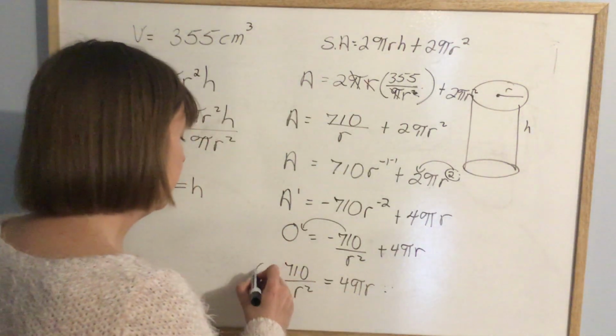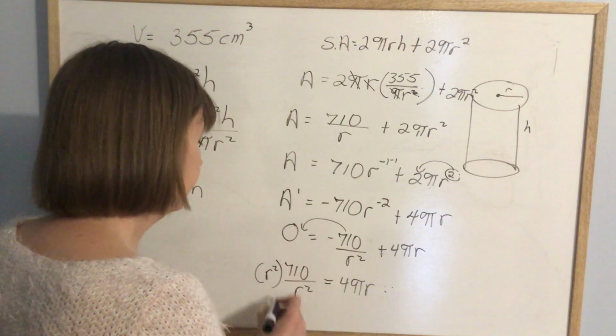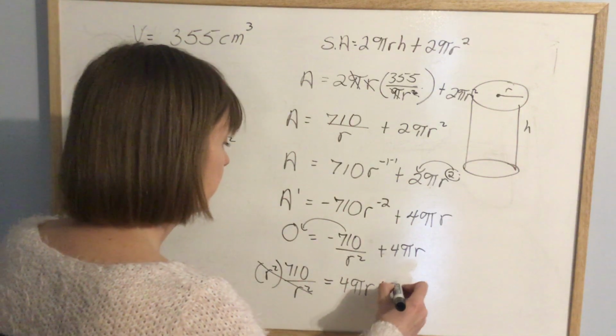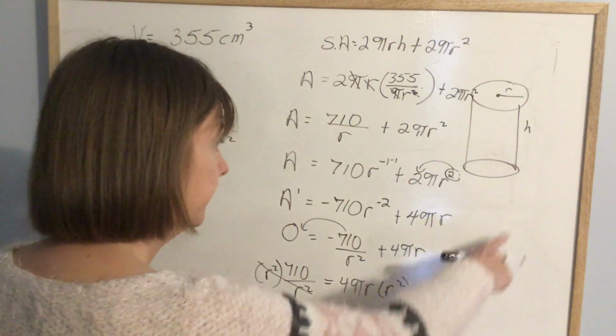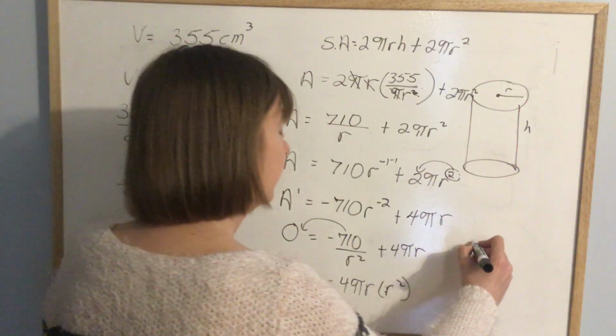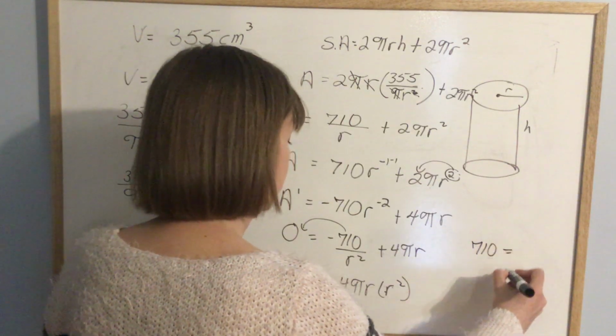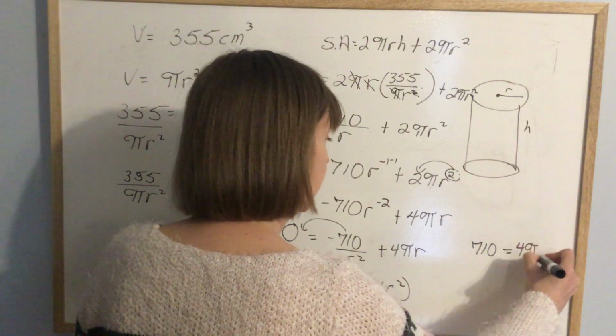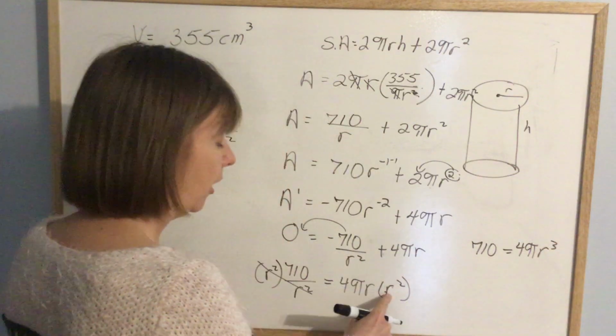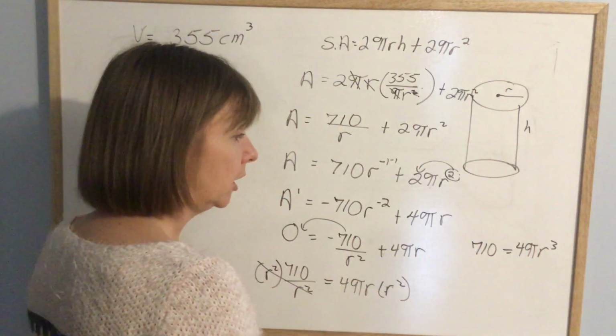All right, so I'm going to multiply this side by r squared so that they cancel. So I have 710 is equal to 4 pi r cubed, because I have r times r squared, which gives me r cubed.